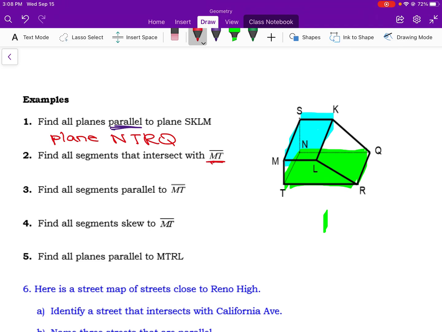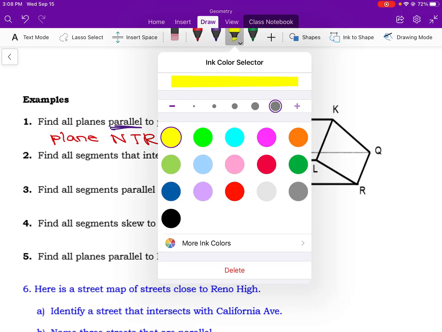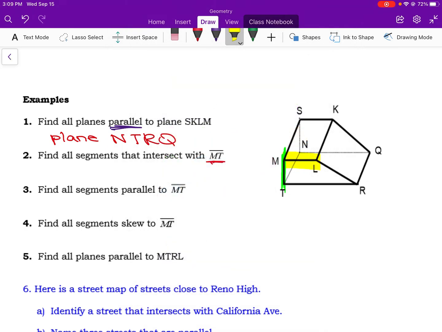Next, we're being asked to find all segments that intersect with segment MT. So if I highlight that line segment MT, we're looking to find all of the line segments that intersect, meaning they have to be merging with this line segment. So let's highlight all of those. I'd have ML, TR, and then if we think of going back in the other direction, TN.